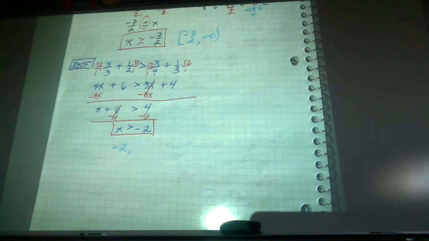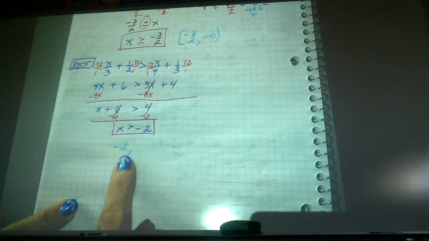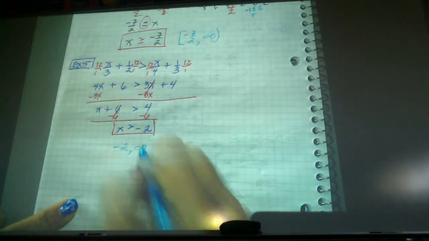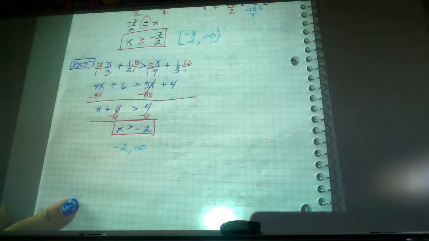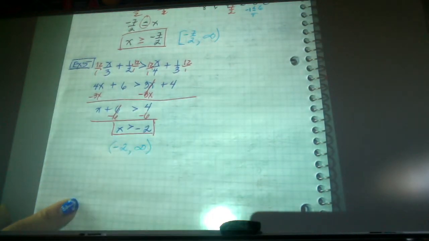So since I have one boundary point, I know I have infinity in that. Because I want to go to the right of negative 2, I know that my infinity is going to be to the right of negative 2, and that implies it must be positive infinity. Because there's no equals to, there are parentheses around negative 2.